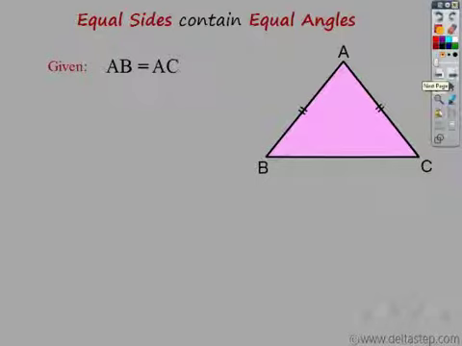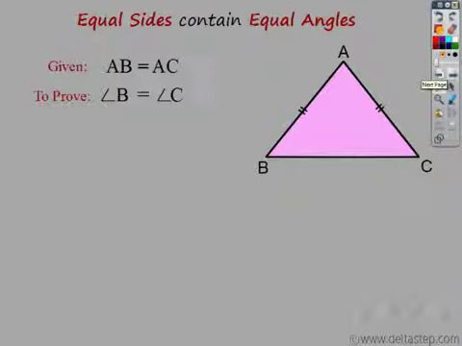Let us say the two equal sides are AB and AC. These two sides meet at vertex A, so leaving A, the other two angles are angle B and angle C. What I want to prove is that angle B is equal to angle C.